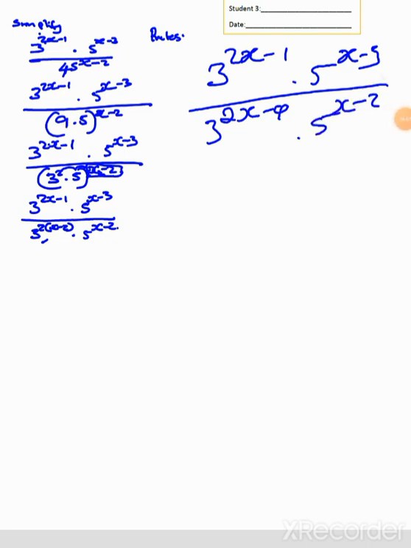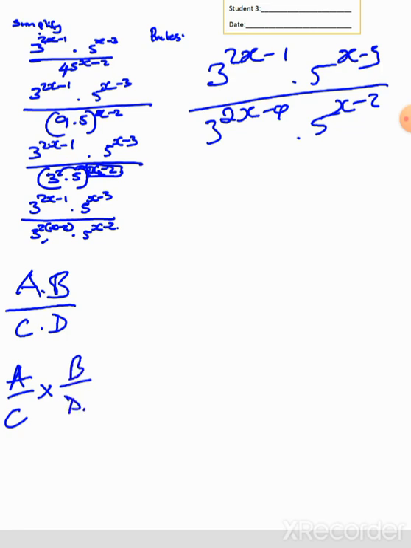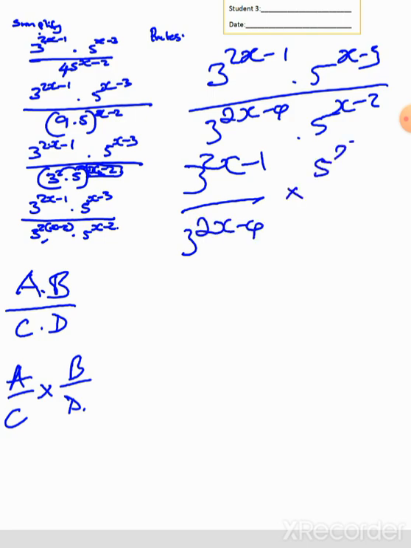But we know the rules: if you are given a times b divided by c times d, this is the same as saying a divided by c times b divided by d. You're allowed to do that. You can write it like that or like this. So we can group now. We can say 3 to the power of 2x minus 1 over 3 to the power of 2x minus 4, times 5 to the power of x minus 3 over 5 to the power of x minus 2.